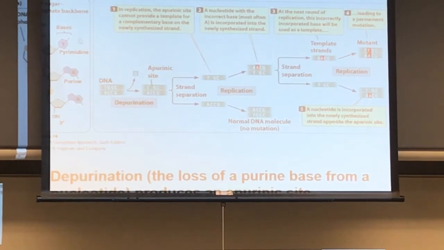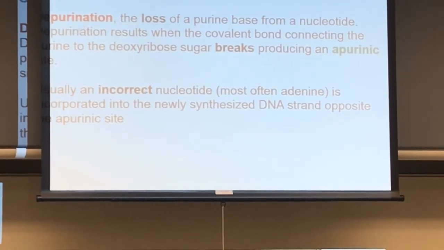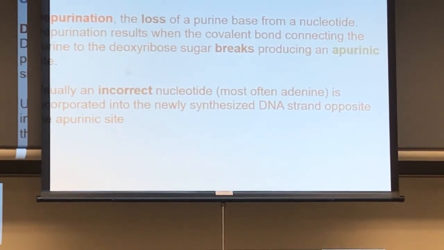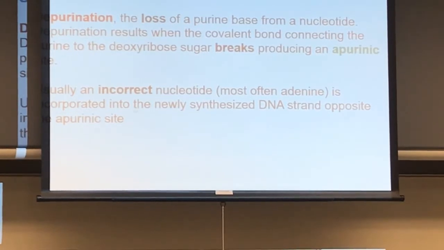So this concept where a purine is lost is called depurination. Depurination is nothing but loss of a purine base. It results because of the covalent bond which breaks between the sugar molecule and the purine base.